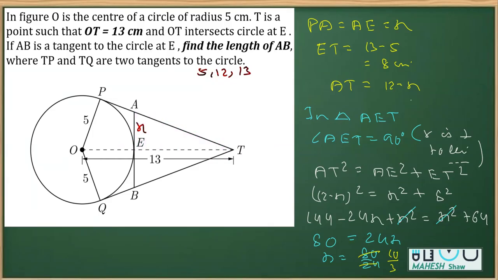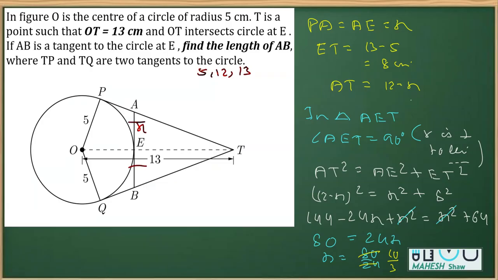Now check that since these two triangles are also congruent, right? By the same reason, there are two ways. One is that these two triangles can be written congruent, and therefore these two lengths will be equal, right? That's one way of doing.